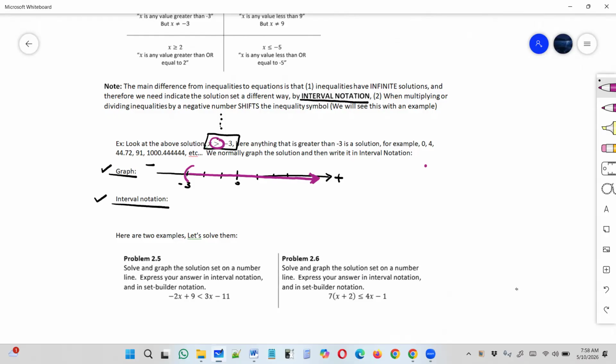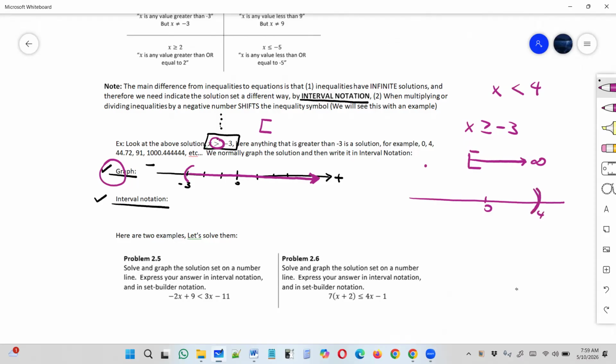If it does have an equal sign, we use brackets. Now, this is the graph. So for example, if the inequality had been greater than or equal to -3, I would use a bracket, going to infinity. If it was, for example, x less than 4, here's my 0, here's my 4, no equal sign, I use parentheses, and we would shade it going to the left. We'll see an example.